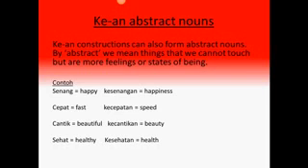Cepat, fast, kecepatan, speed. Cantik, beautiful, kecantikan, beauty. Sehat, healthy, kesehatan, health. So all those things are objects, things we consider, things we can own or whatever, but we can't actually touch them or grab them physically. So that's what makes them abstract.